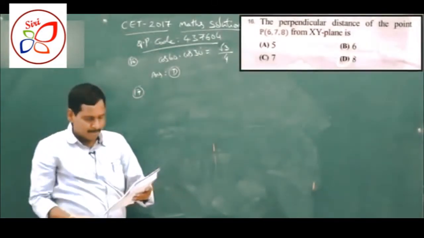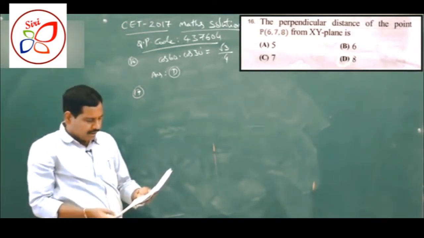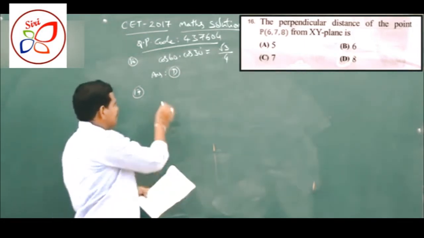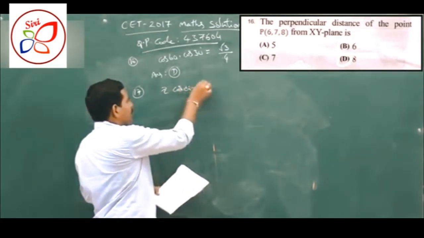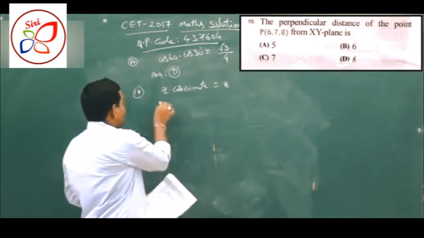Question number 17. Distance of a point in 3D from the xy plane is obviously its z coordinate. So answer is z coordinate. So 8 units. So option is D.